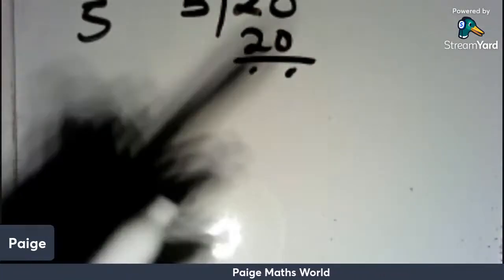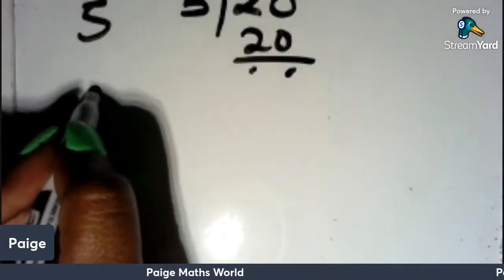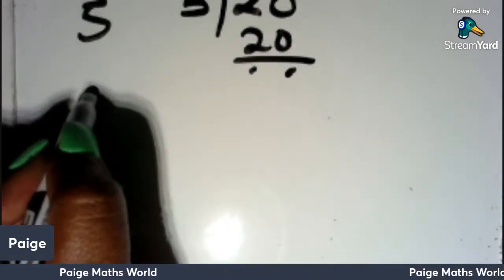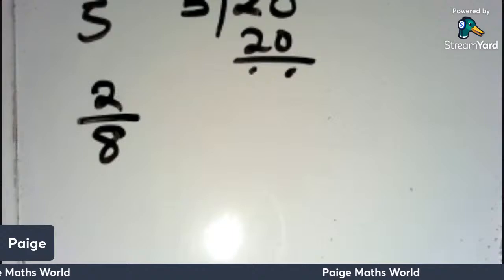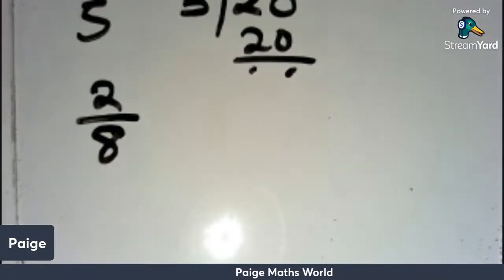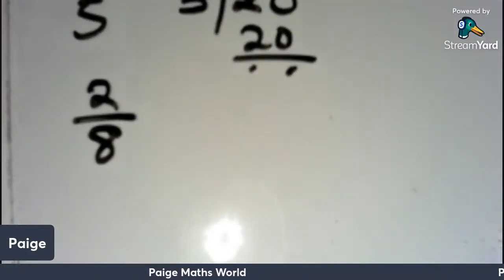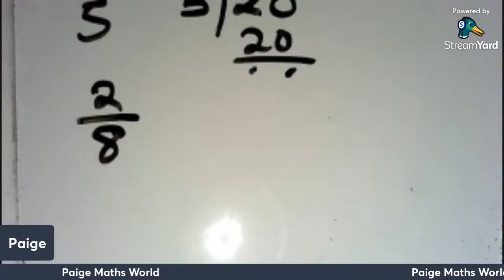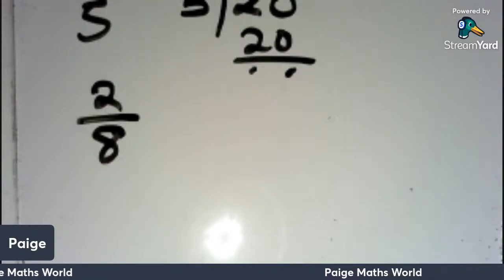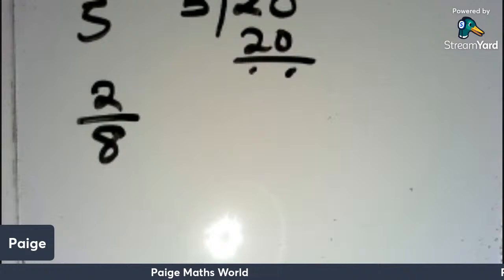All right, let us see how it goes with this one. Say 2 upon 8. 2 upon 8 as a decimal. What is that? 2 divided by 8 as a decimal.